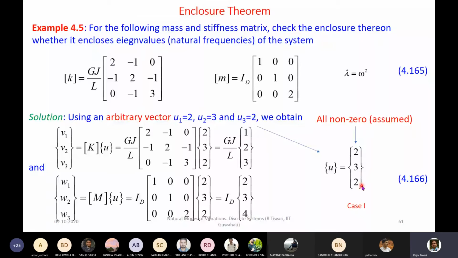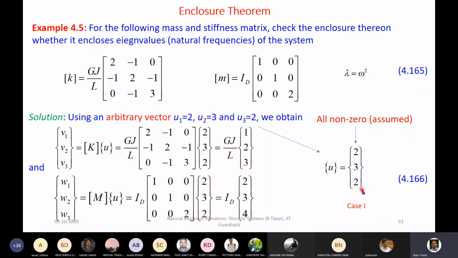Generally, we have seen that the fundamental frequency has an eigenvector with all positive values, because all the generalized coordinates have synchronous motion. They all have positive displacement simultaneously, and again, when they go negative, they go simultaneously.